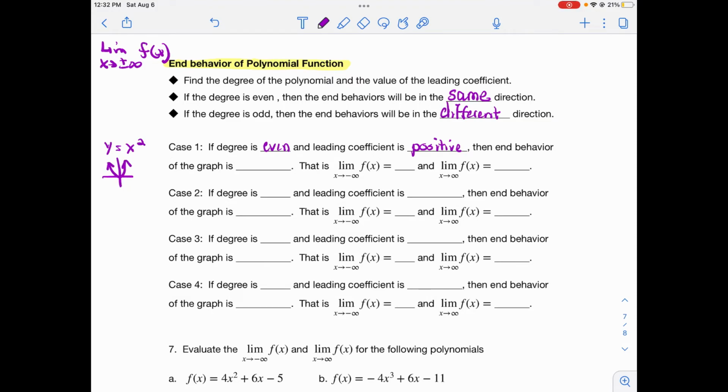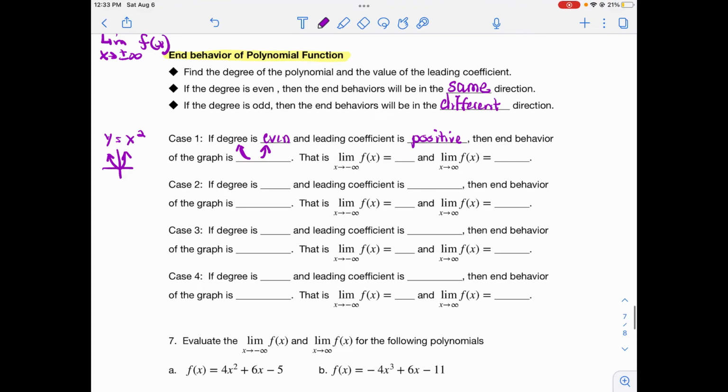So the left end will be going to infinity and the right end will be going to infinity. We translate that to say the limit as x goes to negative infinity, the left-hand end behavior, is going up, and the limit as x goes to infinity is also going up. That's how we would describe our end behaviors.